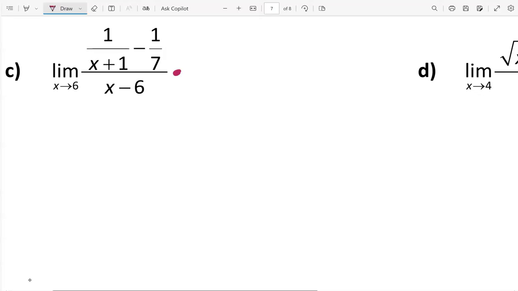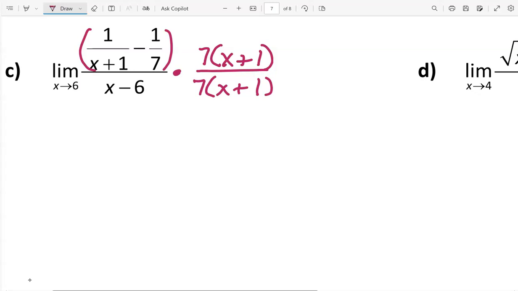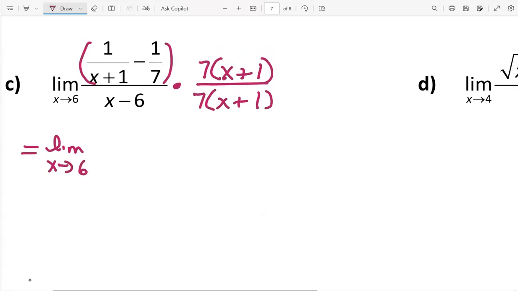So in order to do that, I'm going to simplify this complex fraction by multiplying by the LCD of the two mini fractions on the top, and then distribute that multiplication. And as you do that, remember to bring down the limit as x approaches 6. So when we distribute 7 times x minus x plus 1 to the first term, we get a result of 7 in the numerator. When we distribute to the second term, we get minus the quantity x plus 1.